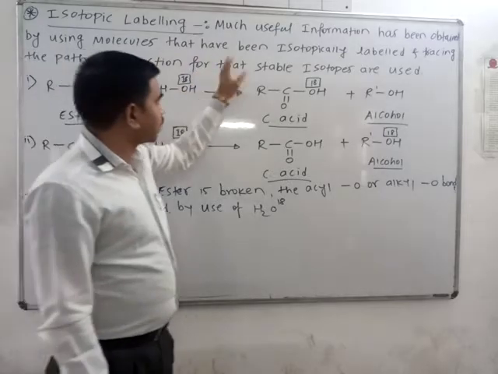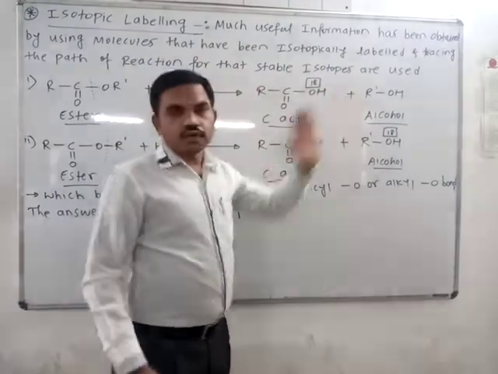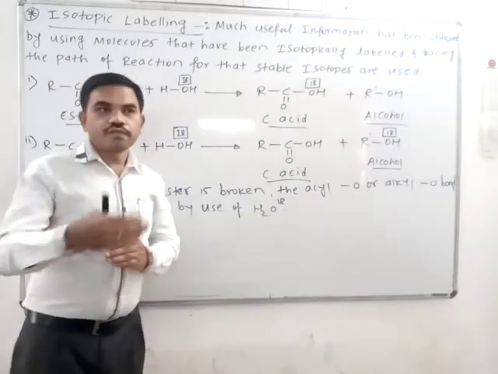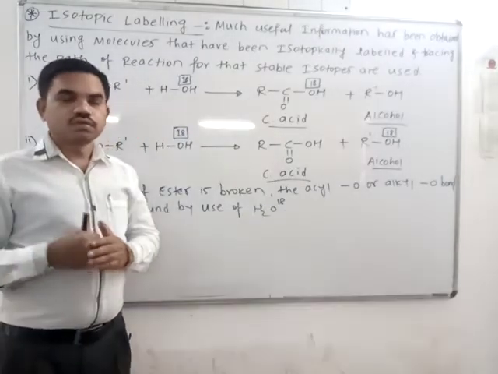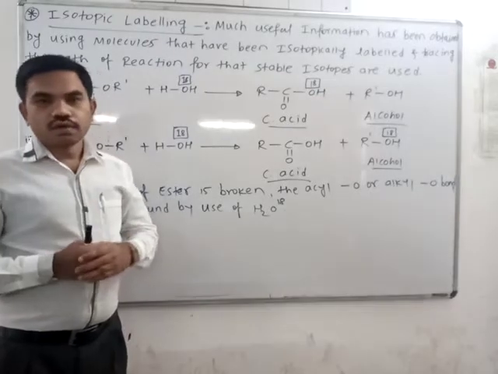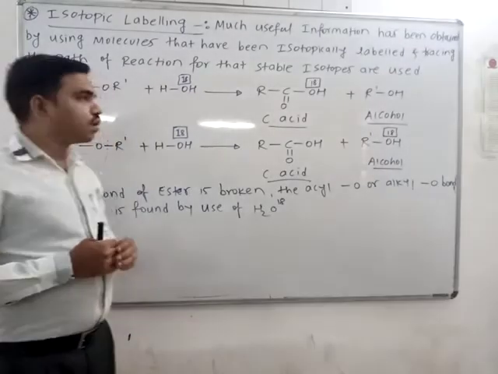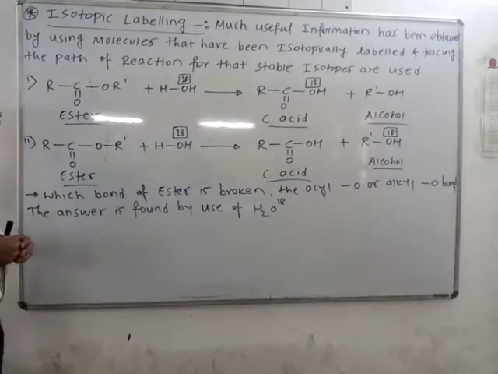For that, stable isotopes are used, for tracing which path the reaction is going through. So here we have to see one example.